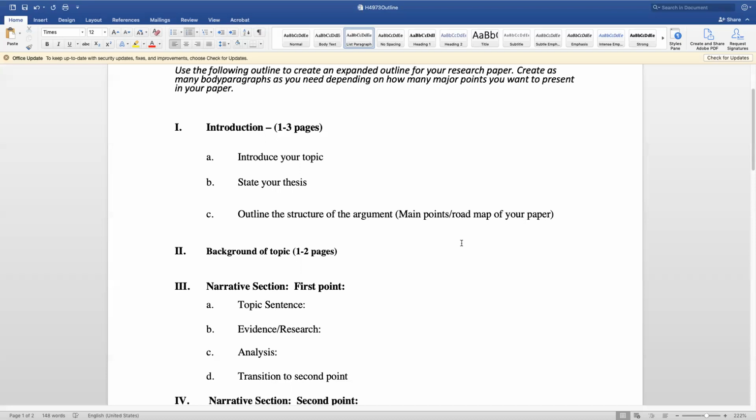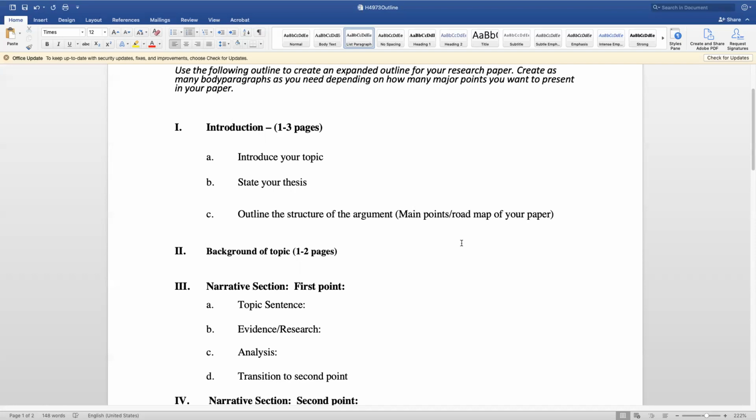I actually always find the background part of these papers a little bit the hardest to write myself, because I always feel like I have to over explain things. You really don't have to over explain things. All you have to do is kind of give a thumbnail sketch of the context that has led up to what you're writing about.